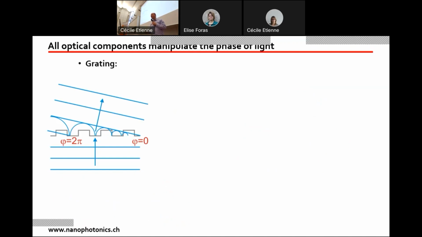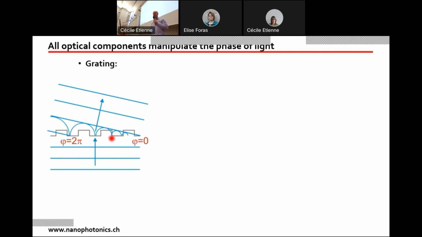Now, this is actually the principle of most so-called metasurfaces, these systems that are used to manipulate light using nanostructures. If you look at a grating, we all know what a grating does. Well, maybe you know what a grating does. A grating takes incident light with a parallel phase front and directs it in another direction. So we know that the difference of phase between two successive phase fronts is 2 pi. So it means that if we have light coming here, at this point, the light continues, so there is no phase difference.